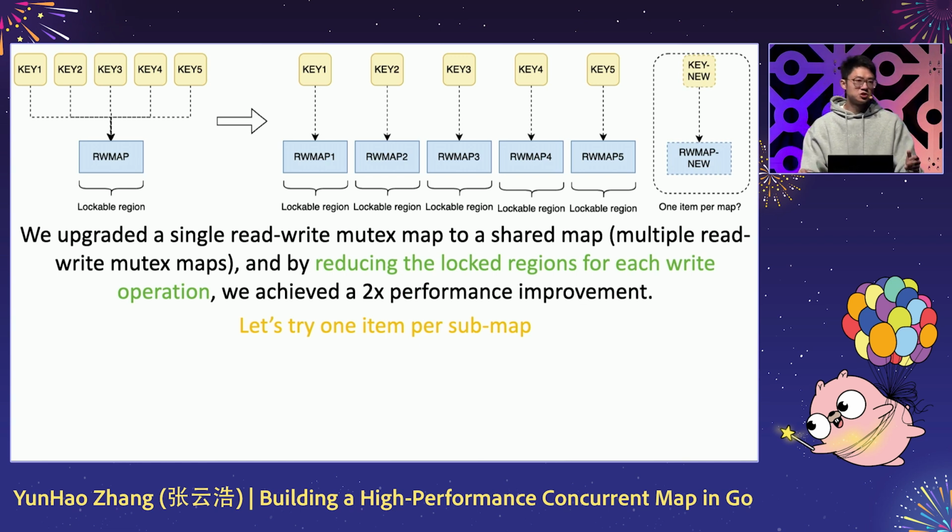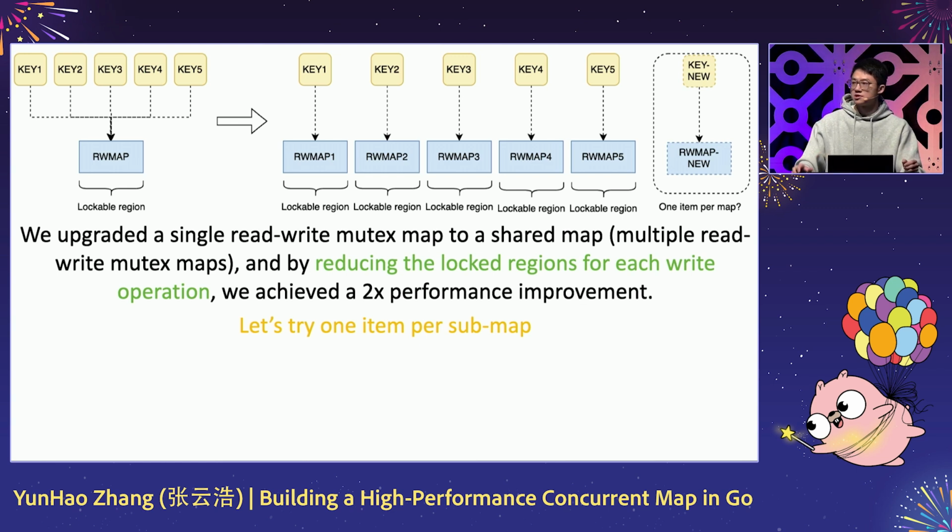So if we continue with this approach and try to minimize the locked regions for the write operation, can we further improve the performance? We know that each submap inside the shared map can have multiple items, and the operations on these items will block each other, which means we might have multiple write operations on one submap.